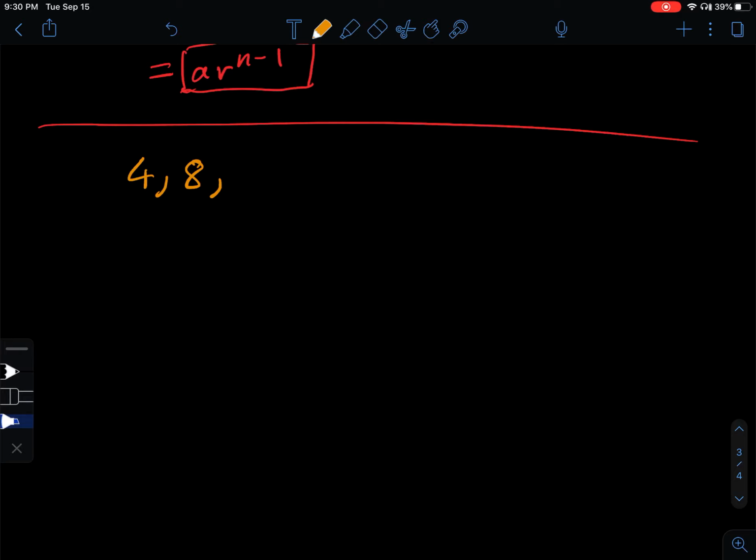Then after the second round of mitosis, you'll have 16. After the third round, you'll have 32. After the fourth, you'll have 64. And this will keep going. This is actually infinite. It never stops. It keeps producing cells to replace the dead ones and as you grow.